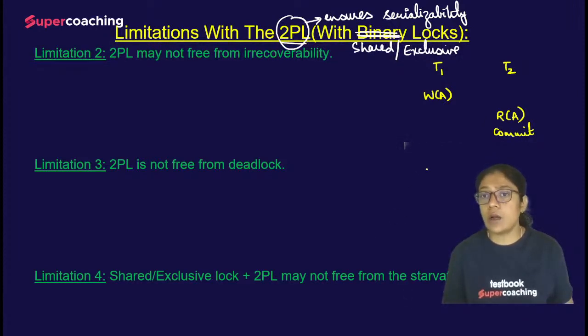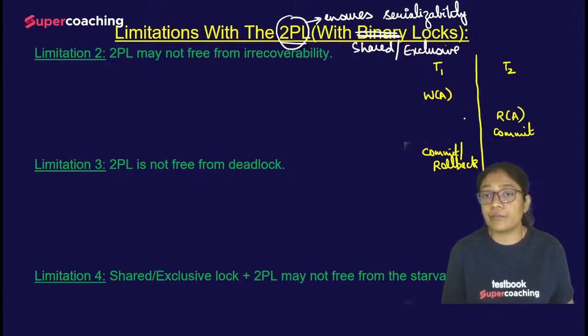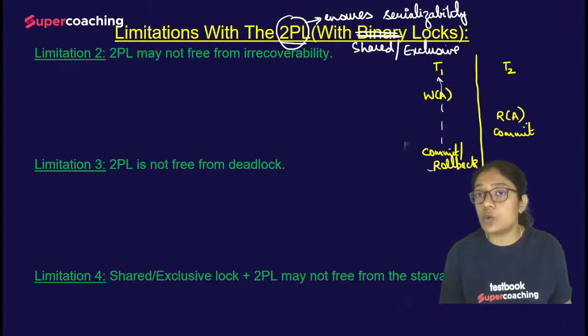This gets committed, और उसके बाद this transaction may commit or roll back. ये transaction roll back भी कर सकती है. Now, is the schedule recoverable? No, because here the dependent transaction gets committed first. अगर ये transaction roll back हो गई तो क्या हम T2 को roll back कर सकते? नहीं कर सकते. So the given schedule is irrecoverable.